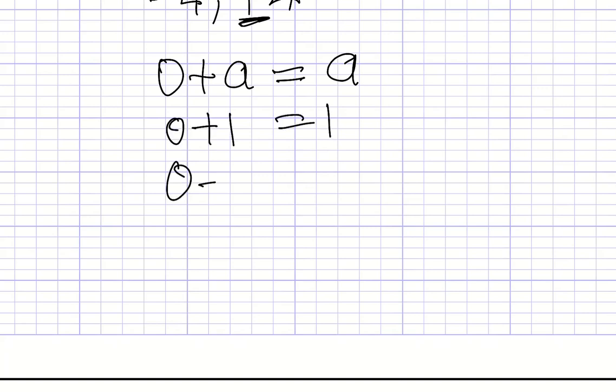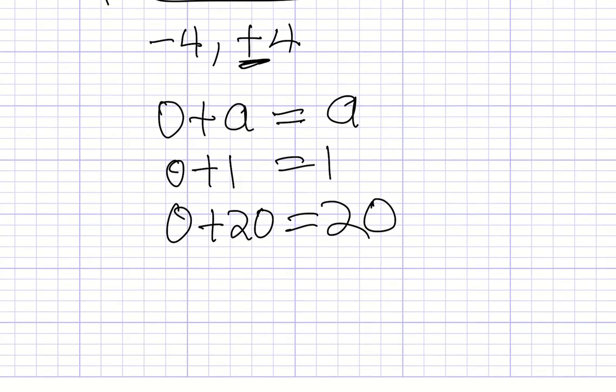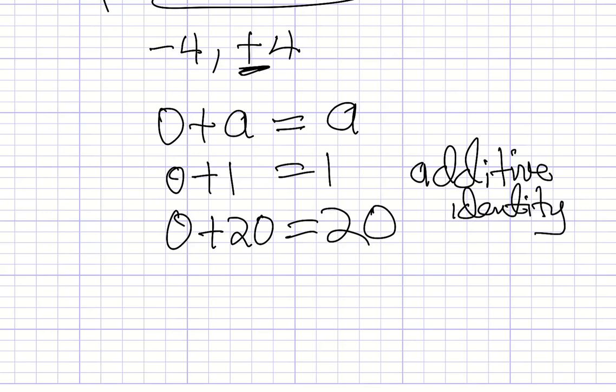You add 0 plus 20, you get 20. So what they call that, they say 0 is an additive identity. I don't want to confuse you, but that's what they say. 0 is an additive identity, because whatever you add to 0, you get the same thing.